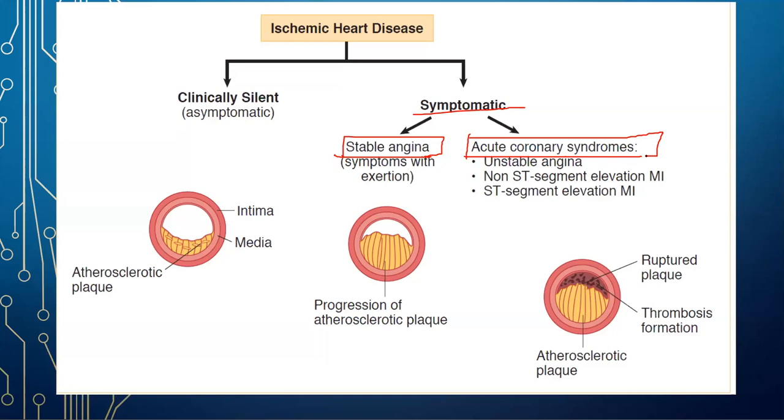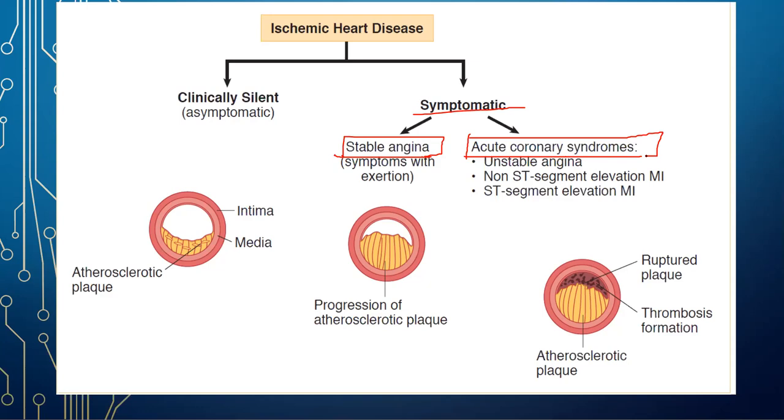That's your acute coronary syndrome. The chest pain in acute coronary syndrome usually lasts more than 20 minutes, doesn't get better with rest, and doesn't get better with nitroglycerin. So that's your acute coronary syndrome.